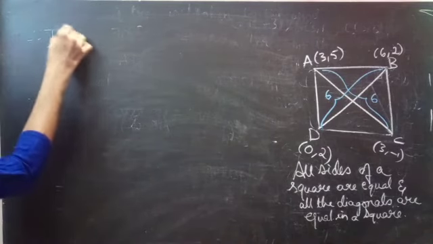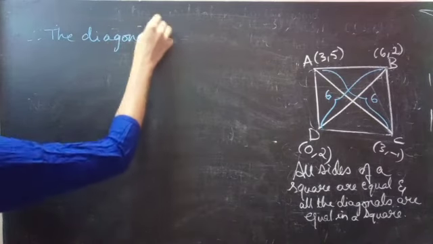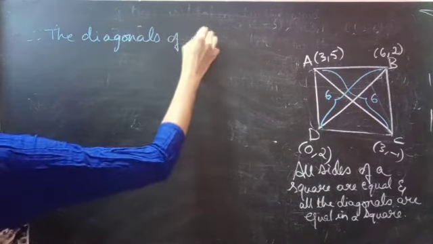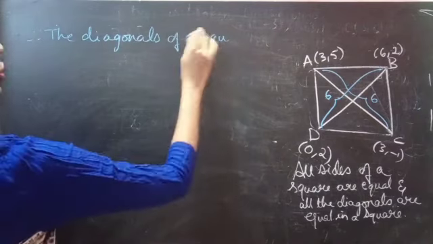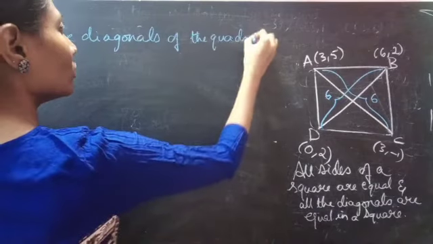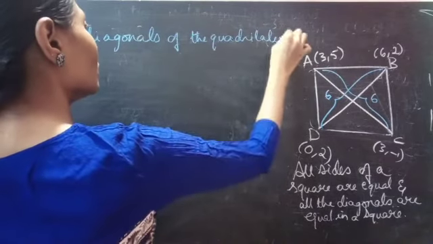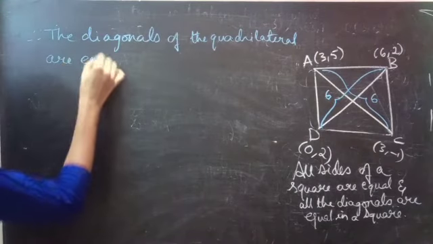Therefore, the diagonals of the quadrilateral are equal.